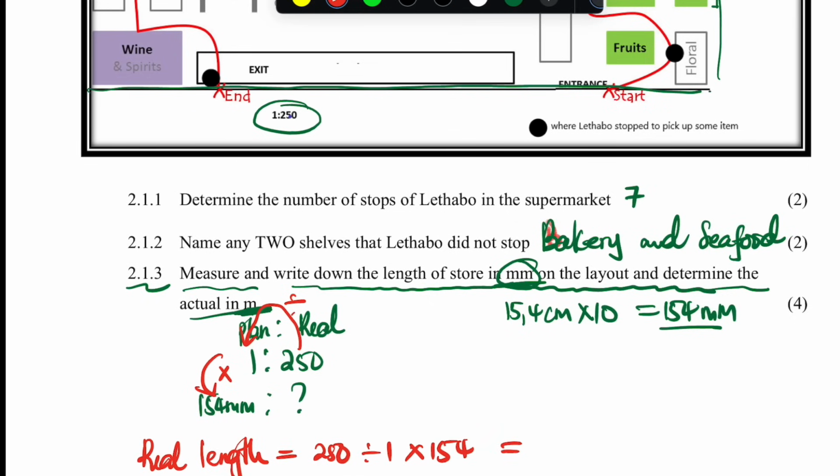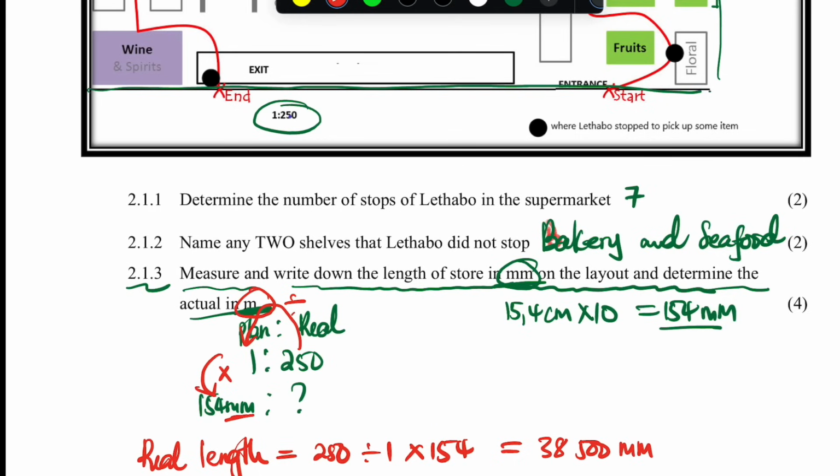When we do that, let me punch it quickly in the calculator. So it's 250 divided by 1 times by 154. It's 38,500 millimeters, right? Millimeters.